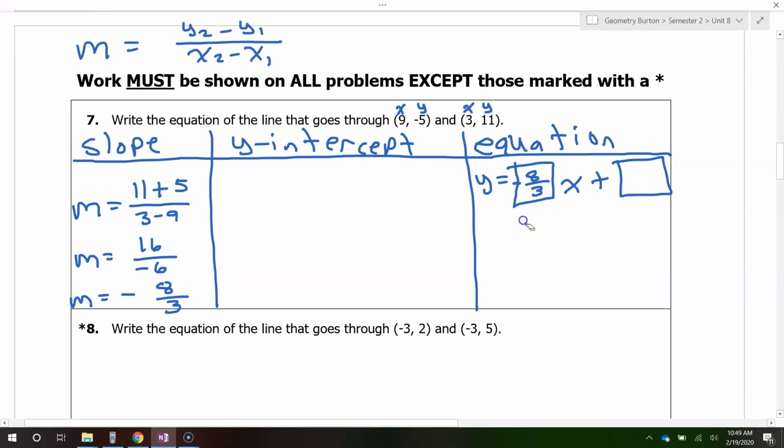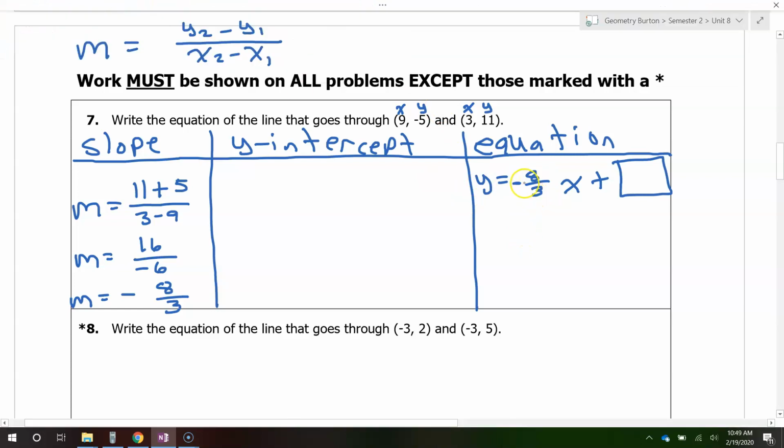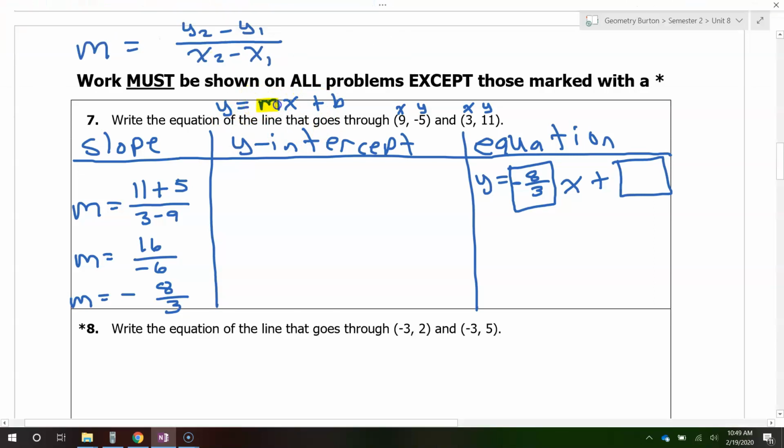Come to think of it, I probably need a slightly bigger box. Okay, now we need to find the y-intercept. So we find the y-intercept by thinking about y equals mx plus b, and we need to fill in the m, all right, which is right here.